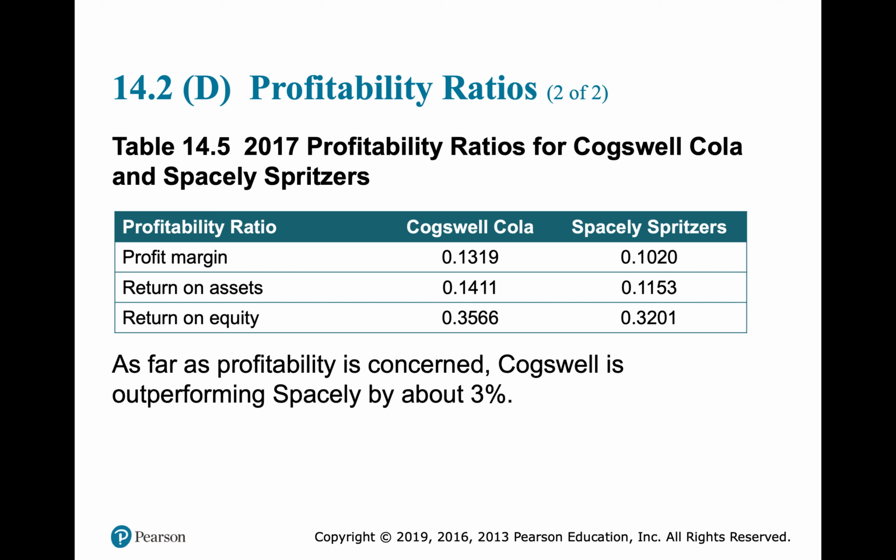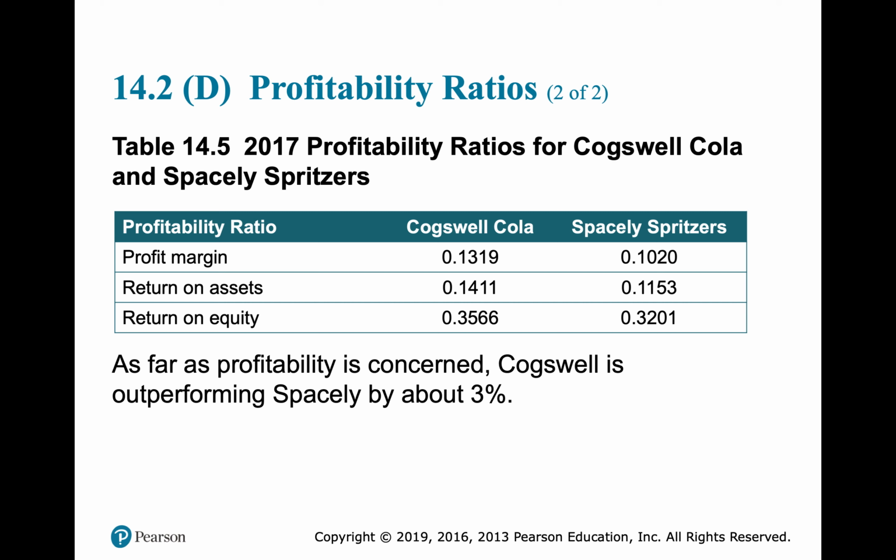Well, what it basically means is that about 13% of all sales result in actual profit. For Spacely, only 10% of all sales result in true profit. And so, from a profit margin standpoint, Cogswell is outperforming Spacely.